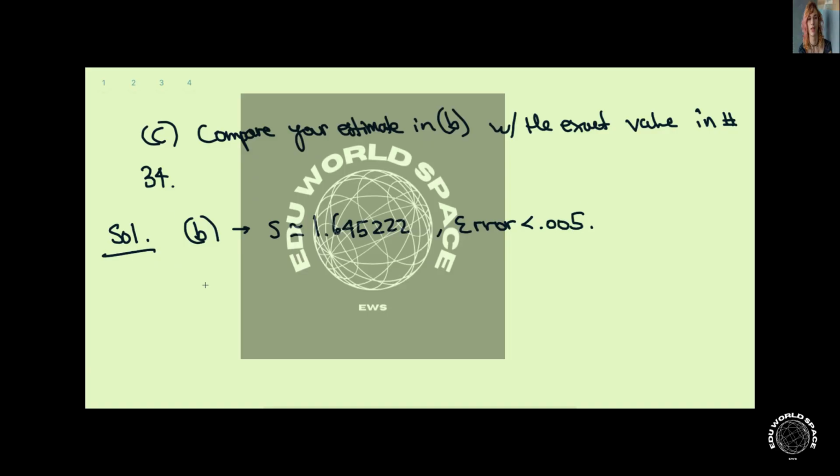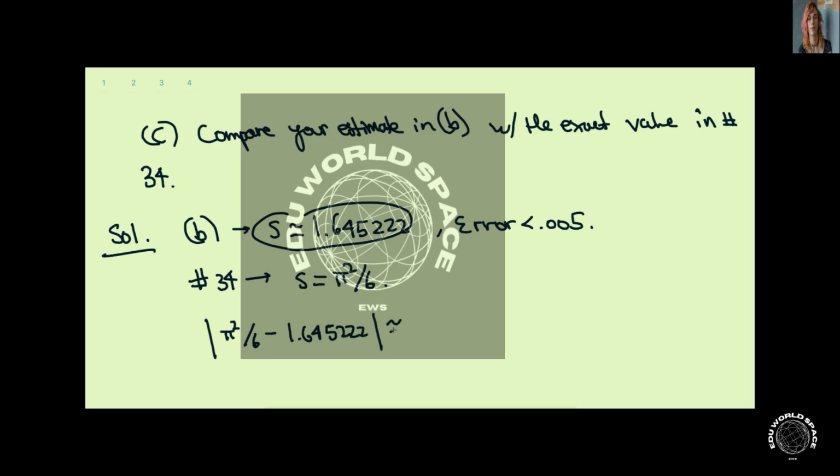If you look at number 34, as we mentioned, this gives the exact value due to Euler. So in this case, we see that the error given by using this value S, go to the calculator here, 0.0288, and that's also less than 0.005.